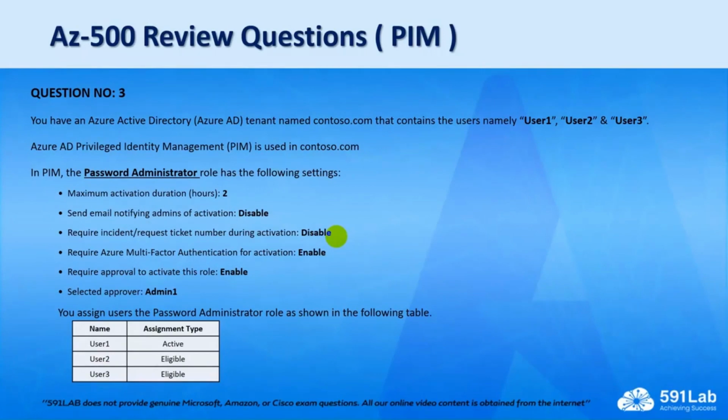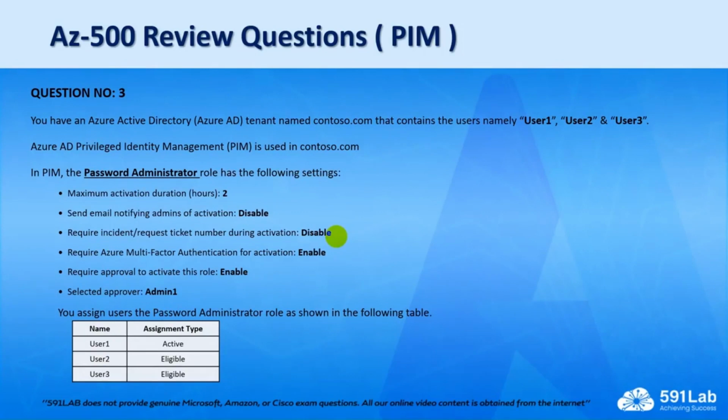The third option says require incident/request ticket number during activation. Again, it is not going to happen because it is set to disable. The fourth option says require multi-factor authentication for activation. Yes, so whenever any user or admin activates the password administrator role, they also need to use MFA and authenticate their sign-in. Fine.